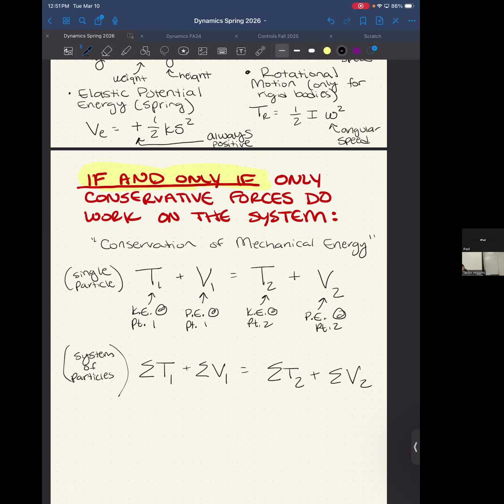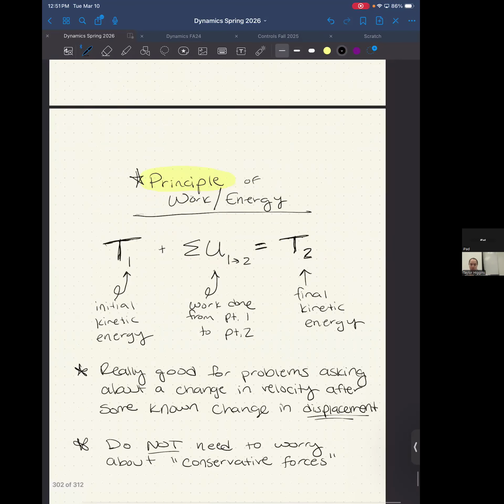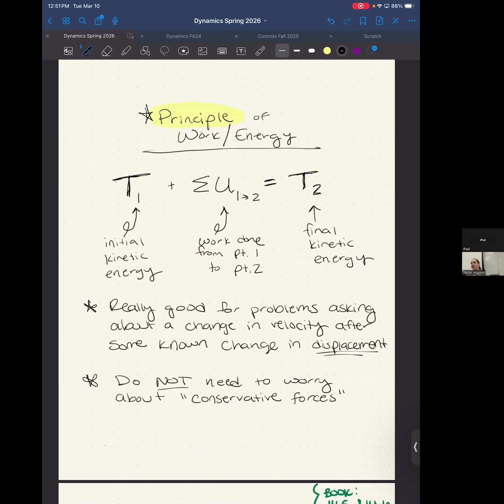Yeah? You said at the beginning of the class that in the T1 plus sum of U equals T2 equation, the one from before, we did not need to worry about conservative forces. Correct. But didn't we use weight when we calculated this earlier? It is a conservative force. The thing is that we are still allowed to use this equation when friction is doing work.